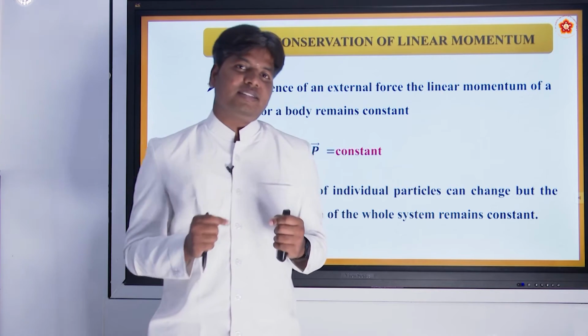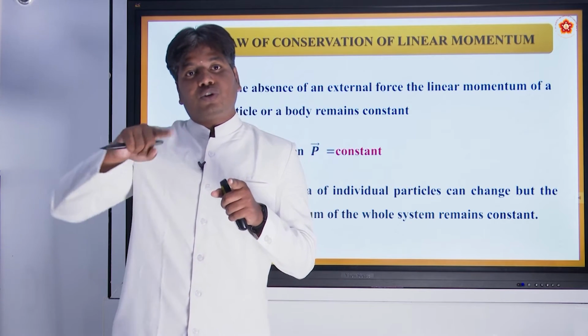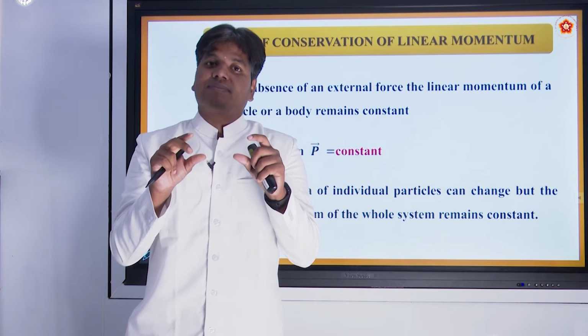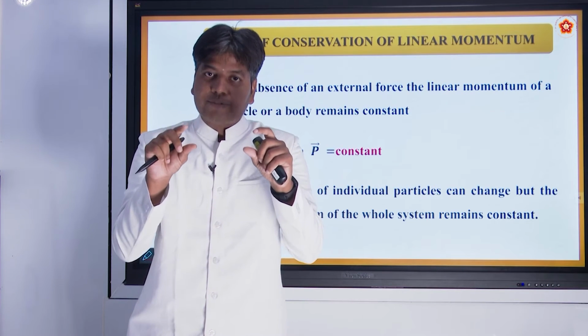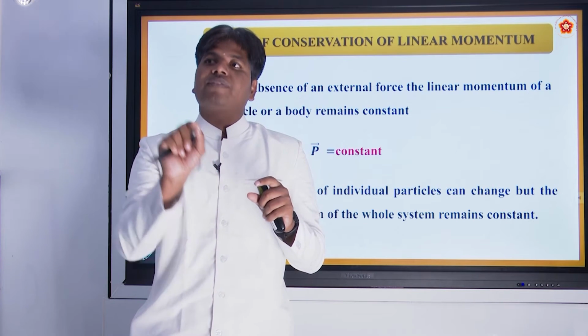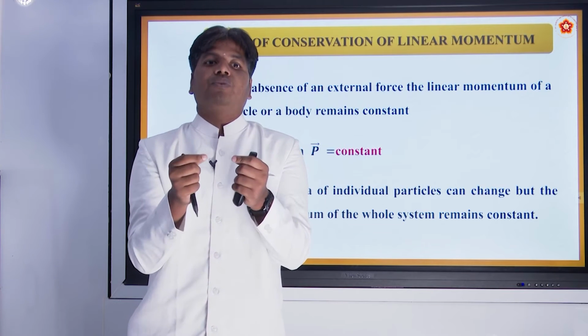So what is the condition here? You are not giving these chocolates to any other friend, because you both are my system. You both together form the system. Nobody is giving you chocolates and you are not giving the chocolates to anyone. You are distributing chocolates in between you.